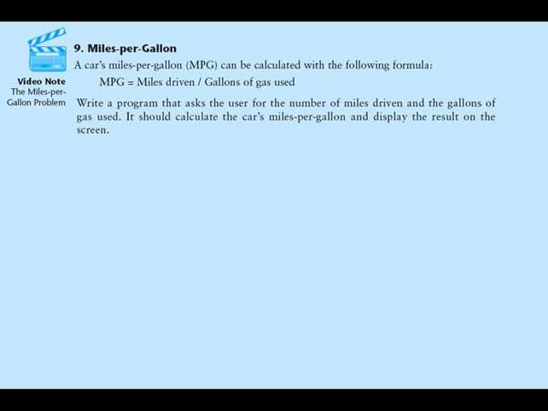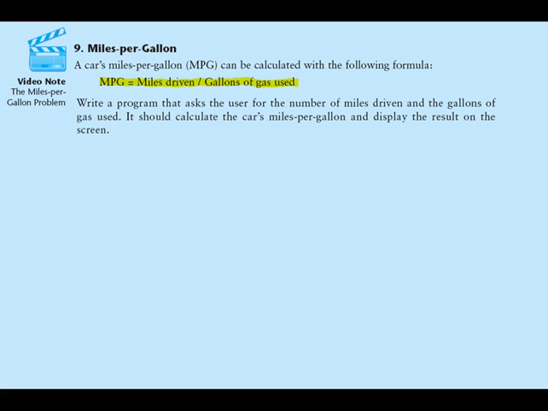Well, the problem gives us the formula for calculating a car's miles per gallon. And here's the formula: MPG, or miles per gallon, equals miles driven divided by gallons of gas used.